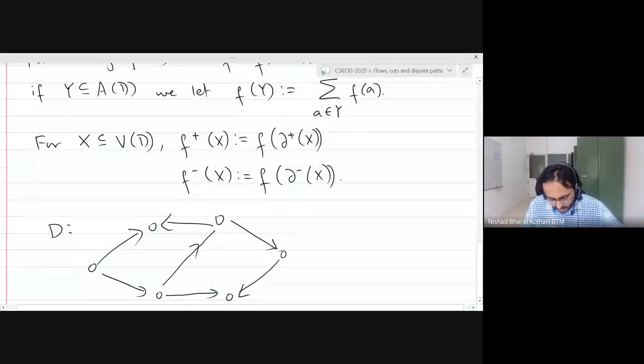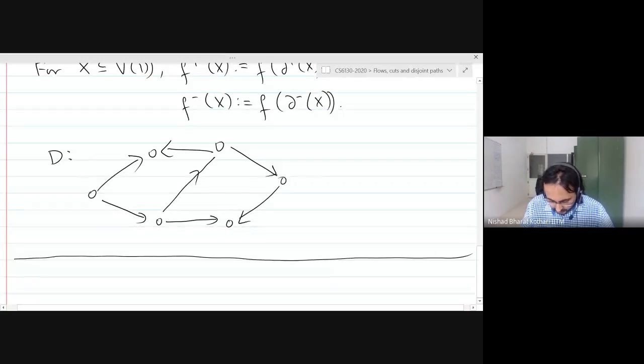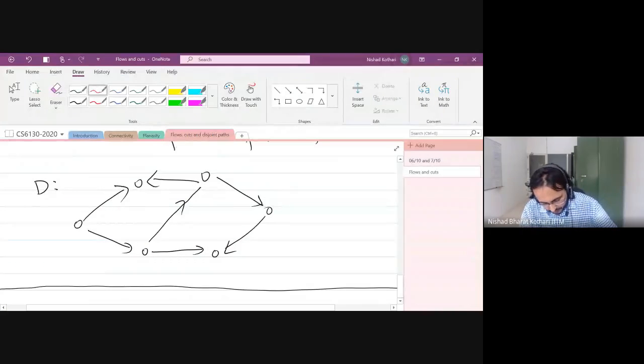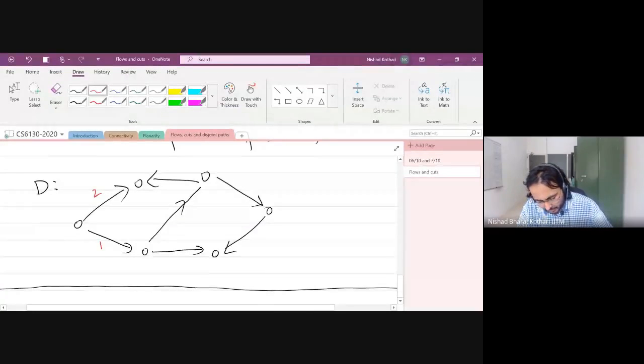I don't need a whole network. So I'm just going to put down a digraph and a function in red color. Okay, 2, 1. I don't even care about the constraints, right? This is just some arbitrary function defined on a digraph's arcs. So I actually don't care about anything. Let me put non-negative real numbers. Okay, some arbitrary function like that.